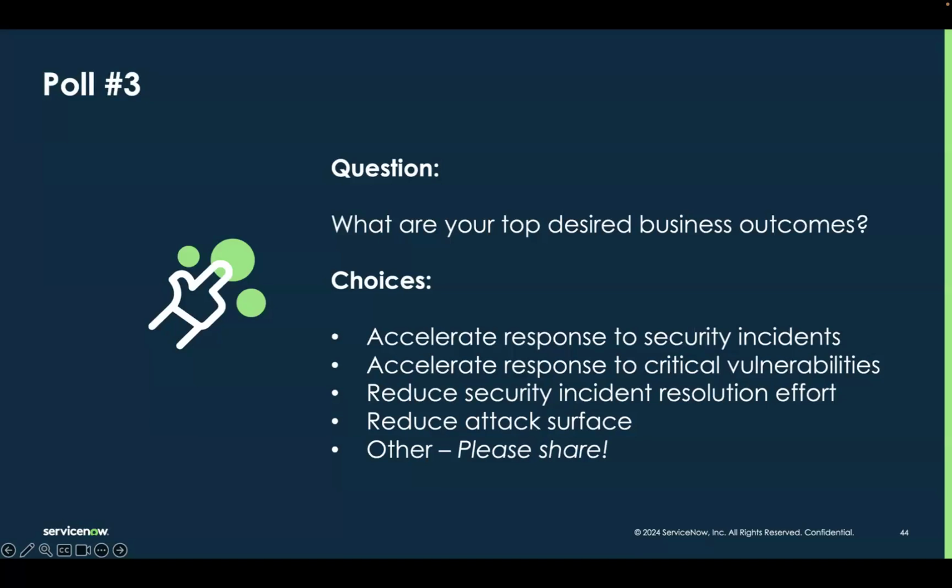That's the core value that you want to derive. The same thing for critical vulnerabilities. And there is a fair bit of interest in reducing security incident resolution effort. So I think it's kind of split between these three options. So good to know about that. I believe most of you have responded, so let's just share these results and stop sharing. Let's get back to the deck.